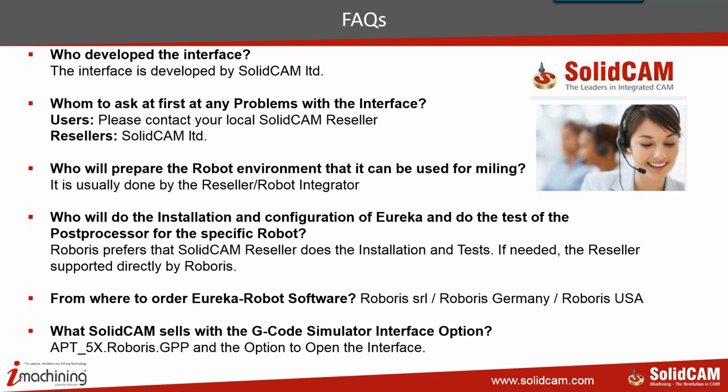So what will the SolidCAM sale include, or what should it include? The sale will come with the post-processor, which we generate the G-code with, sending it to Eureka, and the option to open the interface.